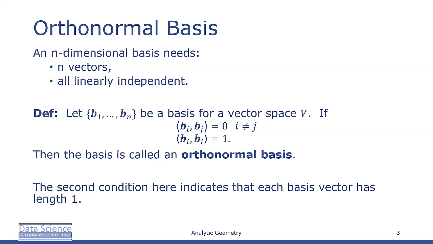More formally, if we let B1 through Bn be a basis for a vector space V, and if the inner product of Bi and Bj is 0 when i is different from j, but 1 if i is equal to j, then we call the basis an orthonormal basis. In this definition, we point out that the second condition indicates that the basis vectors have unit length.